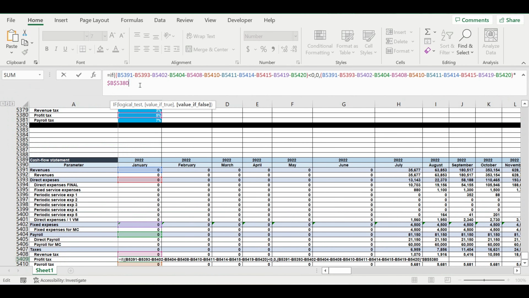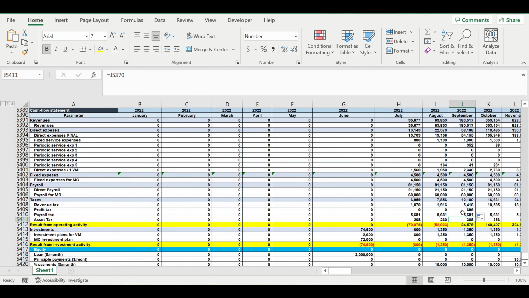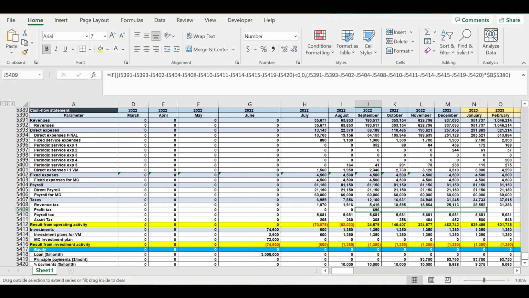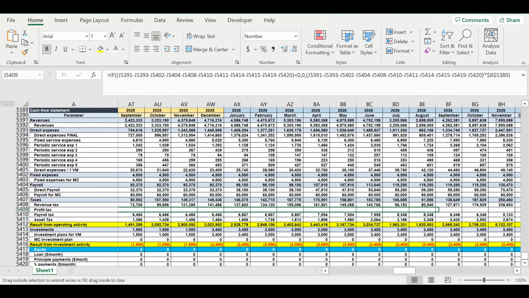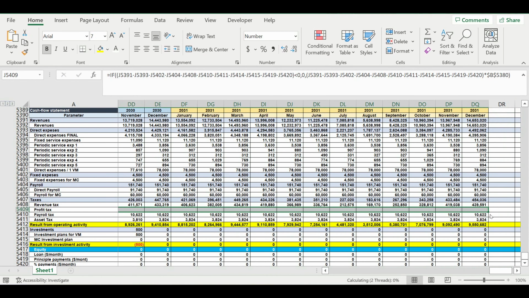So we are closing brackets. Here is the profit tax.